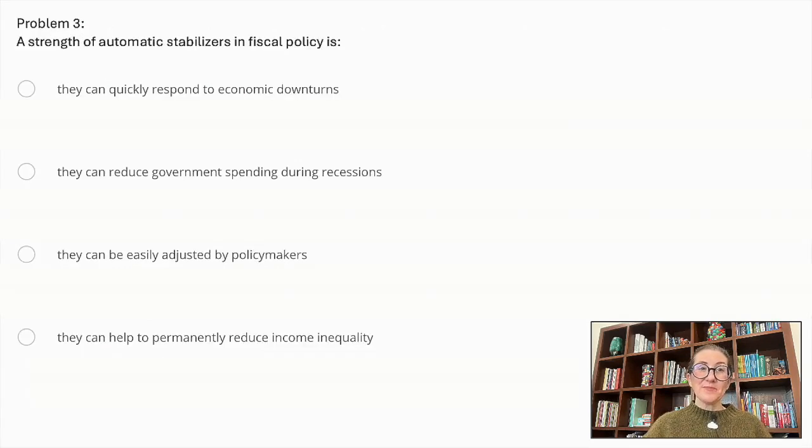Problem number 3. A strength of automatic stabilizers in fiscal policy is they can quickly respond to economic downturns, they can reduce government spending during recessions, they can be easily adjusted by policymakers, or they can help to permanently reduce income inequality.